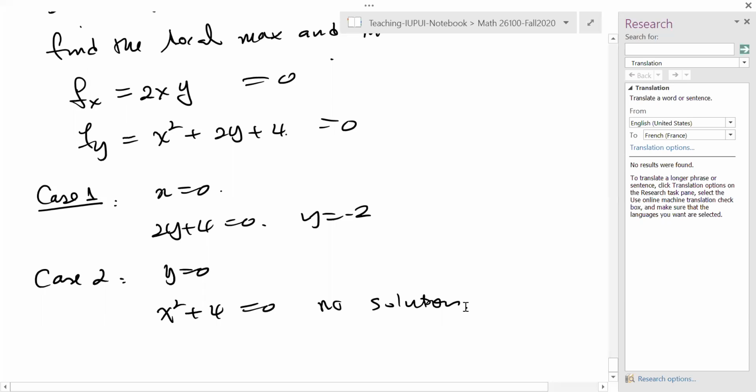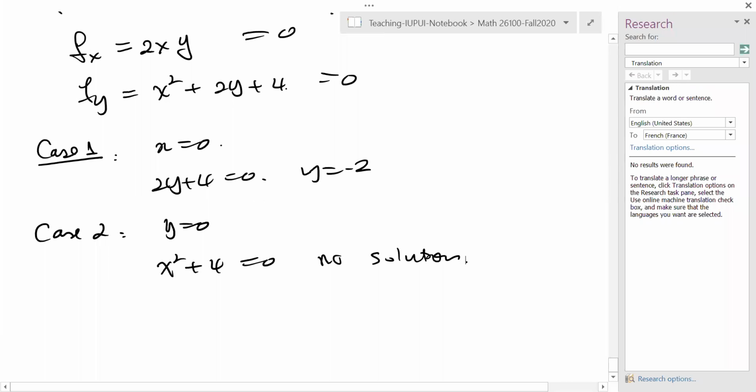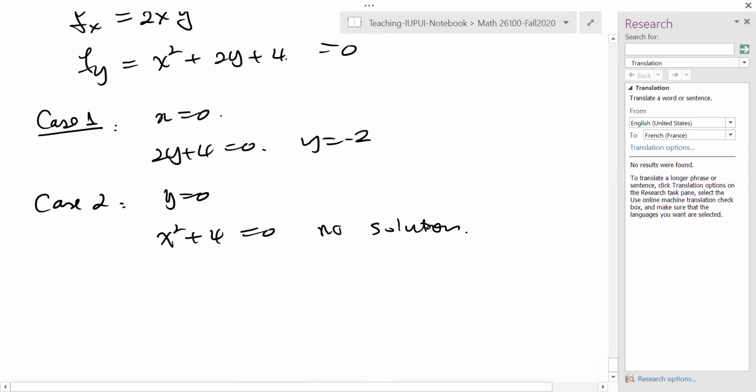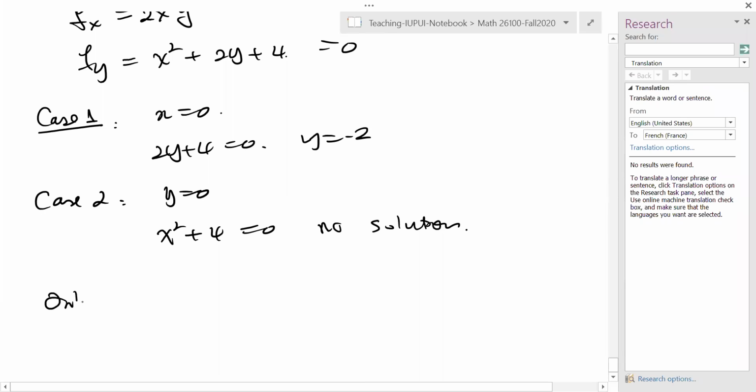Of course, if I changed the positive 4 to a negative 4, you would have 3 solutions, because you get x squared equals plus or minus 2. But right now it's x squared plus 4 equals 0, so no solution. That makes it easier. So there is only one critical point, which is (0, -2).